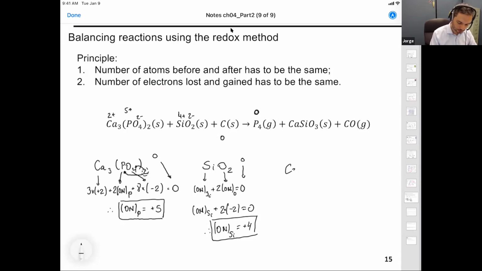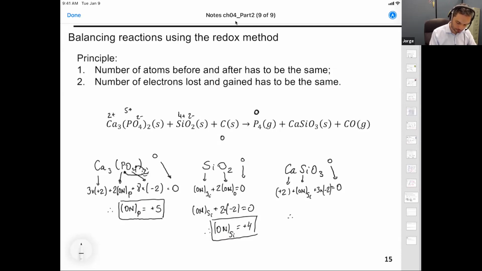Moving on, we have here calcium silicate. No number outside, that means the sum of the oxidation numbers is equal to 0. 1 atom of calcium, oxidation number is always +2 or 2 plus. For silicon is what we want to determine. And here we have 3 times the oxidation number of oxygen, which is -2.